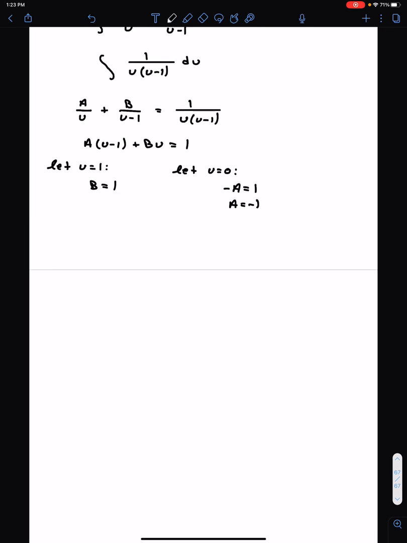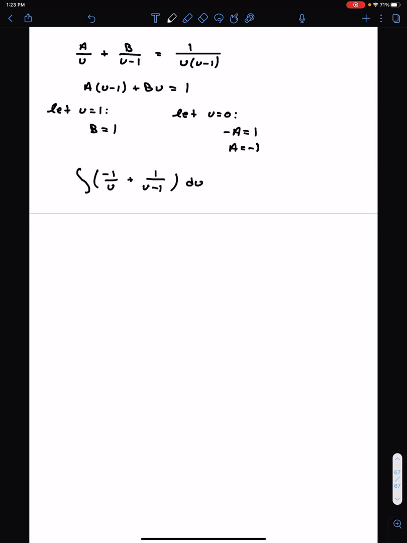So this integral will turn into negative 1 over u, a over u, plus 1 over u minus 1 du, which is negative natural log absolute value of u plus natural log absolute value of u minus 1 plus c.